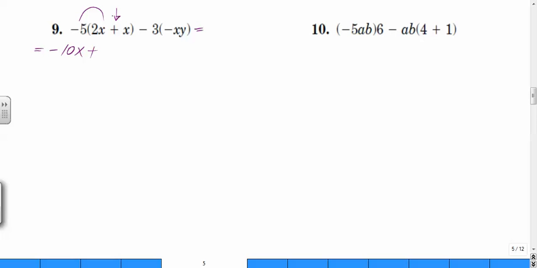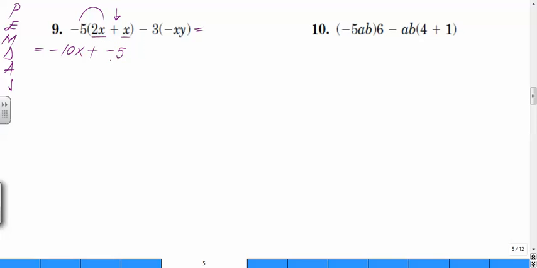plus is the sign inside of my parentheses. I have negative 5 times x. That gives me negative 5x. Now this is one way. Another way is to just follow your order of operations, right? I got carried away and didn't pay attention to that. And the first thing here, you can just combine your like terms in the parentheses, right?